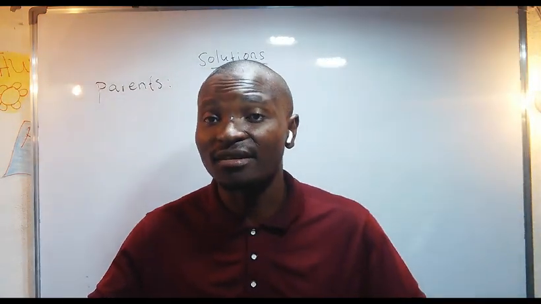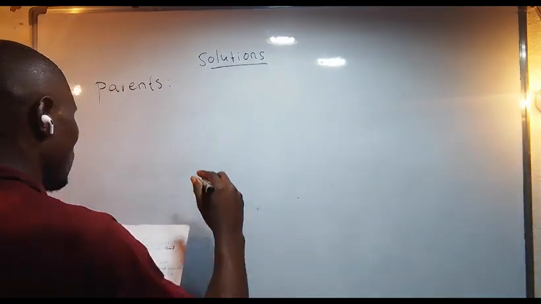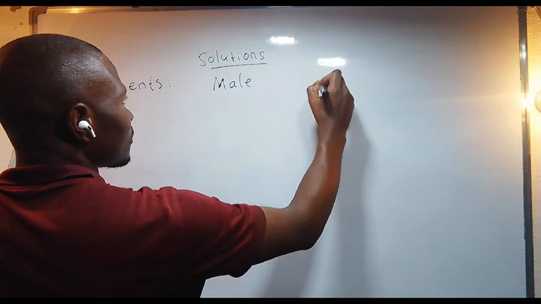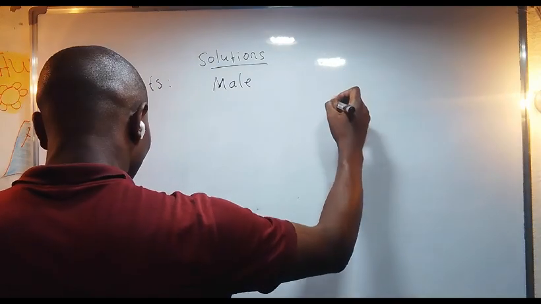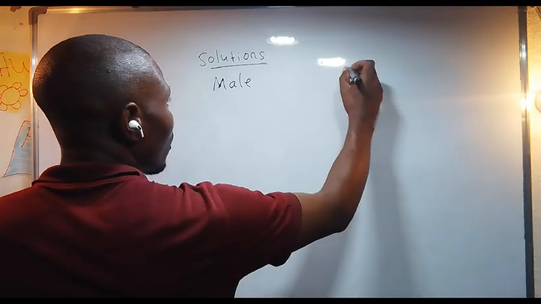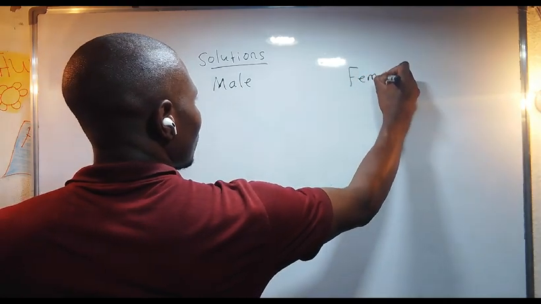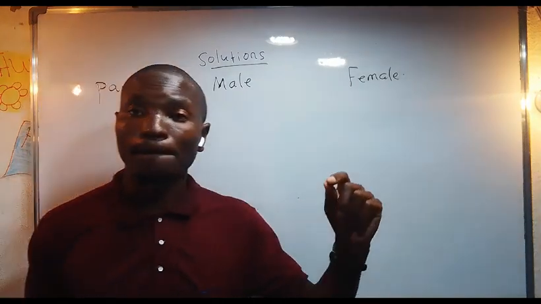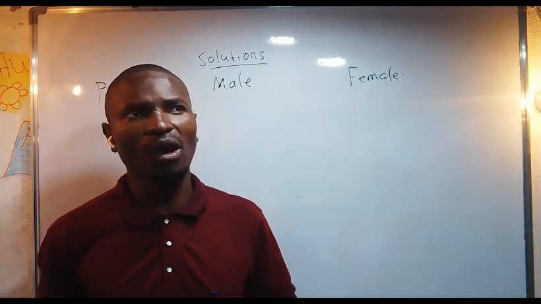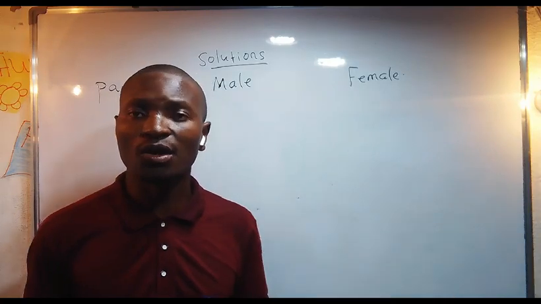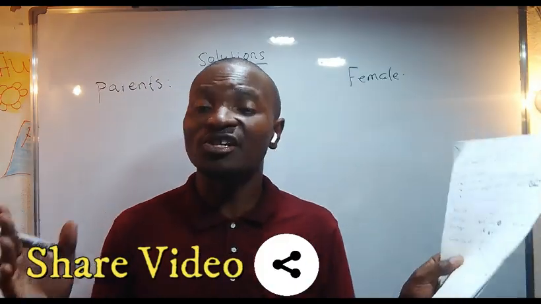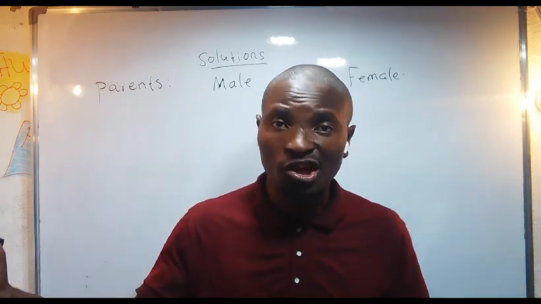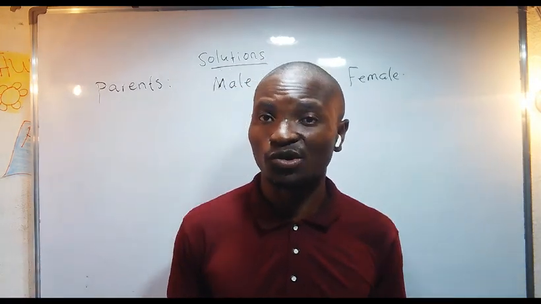Once you have the parents, this parent is a male, and let's say male and female. So this is a male and female. If you want, you can say mother and father, but let's keep it simple, because that's general and everyone can understand what we're talking about.